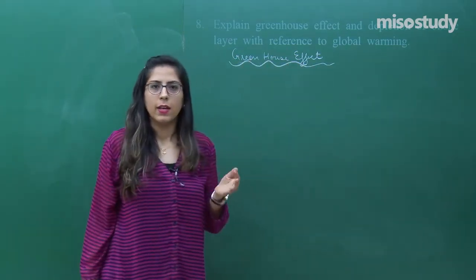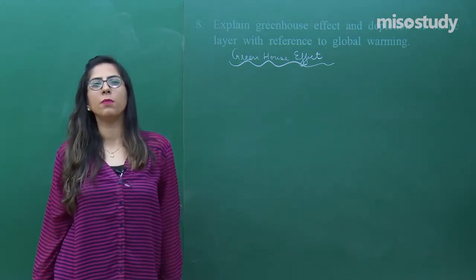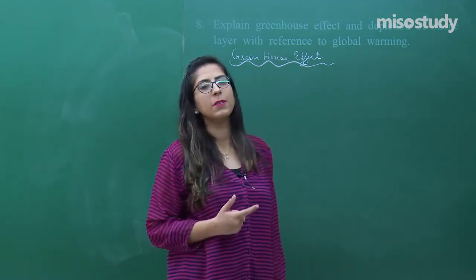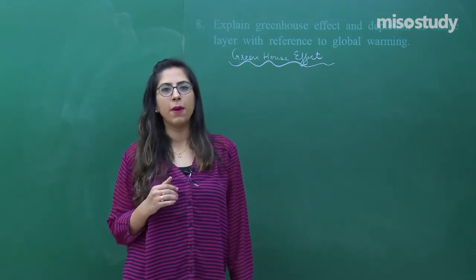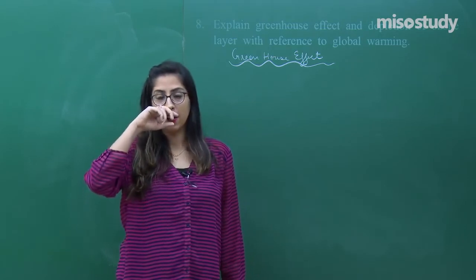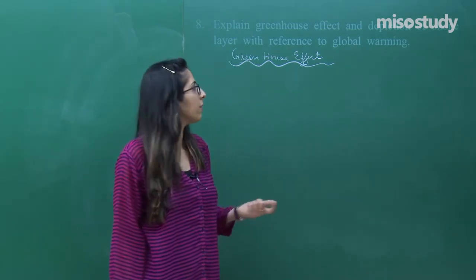If this does not happen, we will not be able to survive, because the temperature at that time will be in minus degrees, the permafrost condition. Will you be able to survive? Definitely not.